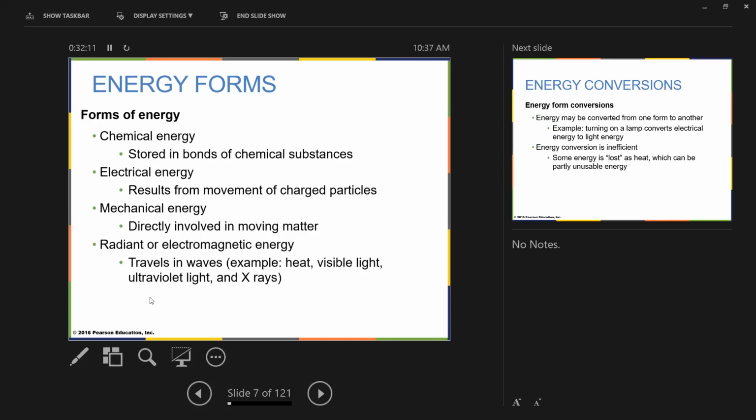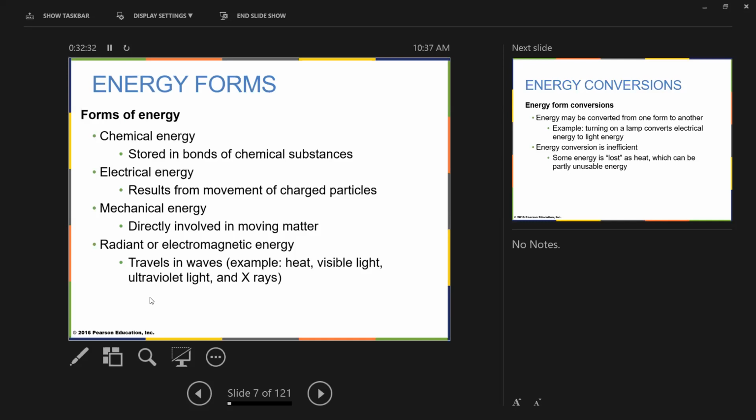light energy to see. Light rays hit our eyeball and are focused on our retina and are turned into electrical charges, and then our brain tells us what we're seeing. So we depend on light energy for that.